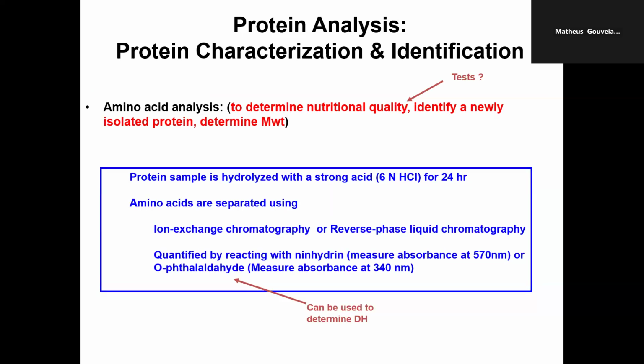But just to be complete, not all amino acids can be determined by just doing acid hydrolysis because there's degradation. So we lose tryptophan. That's why we need to do alkaline hydrolysis to determine tryptophan. We also need to do another step to determine cysteine and methionine because they get oxidized during acid hydrolysis.